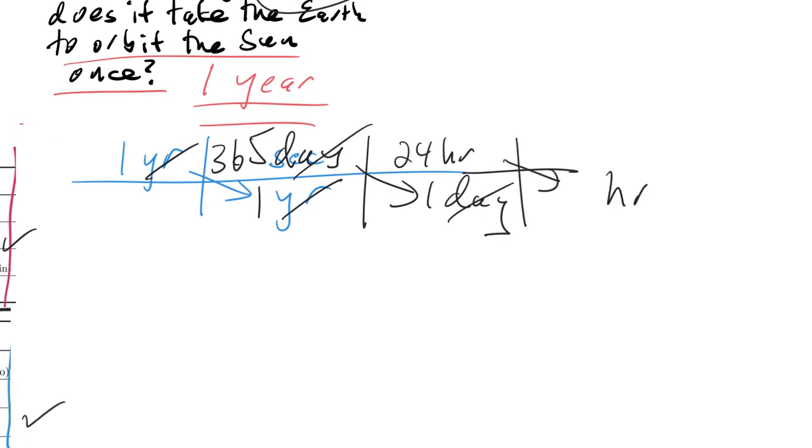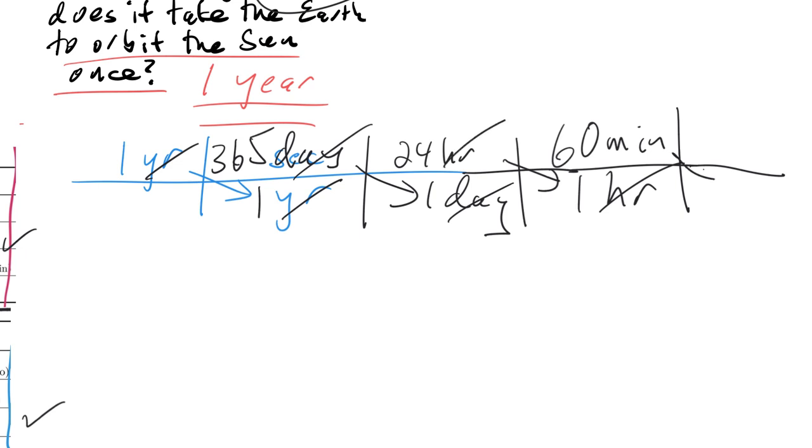I bring down that top unit like I've done all along. Hours to seconds. Maybe you know there's 3,600 seconds in an hour, but I'll just pretend you don't. 1 hour is 60 minutes, and hours cancel out, and that leaves me to bring minutes down, so that cancels out. And everyone knows there's 60 seconds in 1 minute.